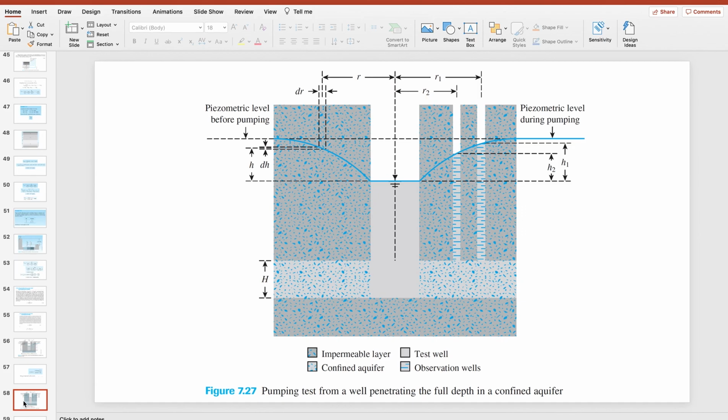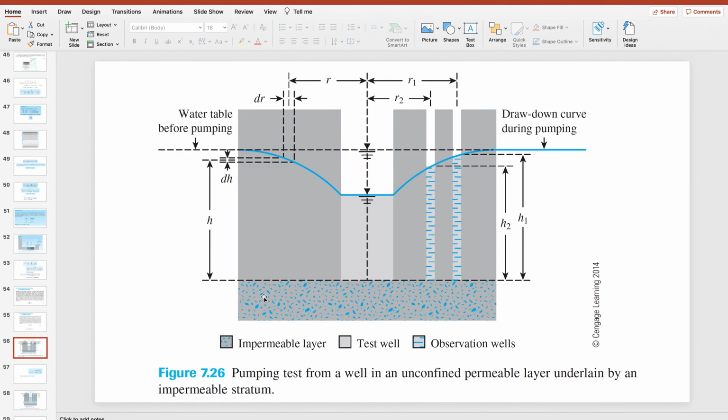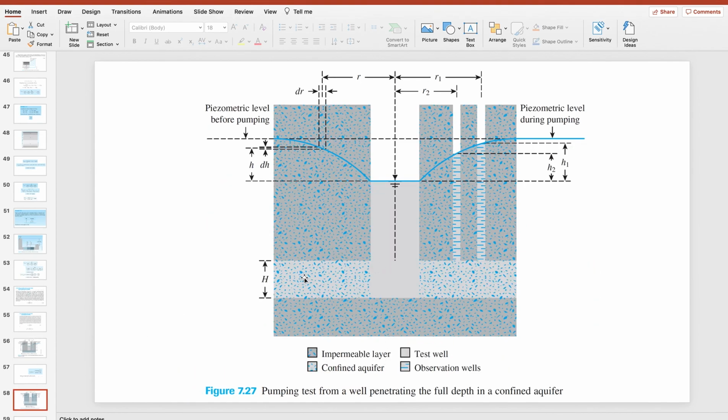If, ganito naman, kanina, we have an impermeable layer. But if we have a permeable layer, ito yung, kasi kanina, nag-stop tayo dito and nandun na yung ating water table. But this time, we have a confined aquifer. Then, sa ilalim yung confined aquifer, nandun yung impermeable layer.